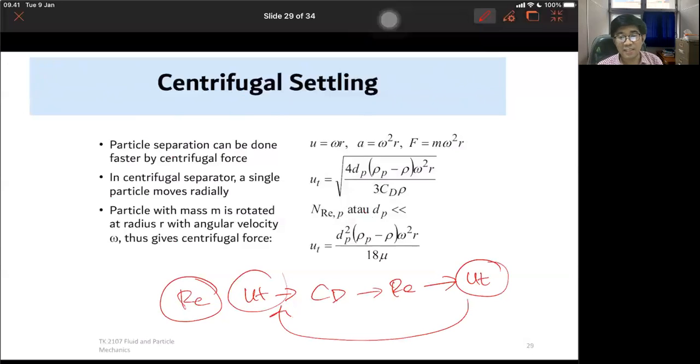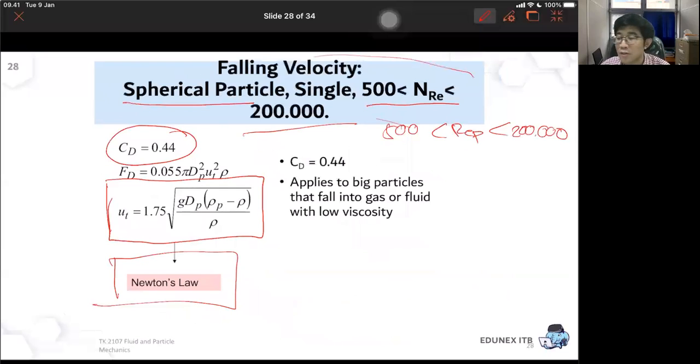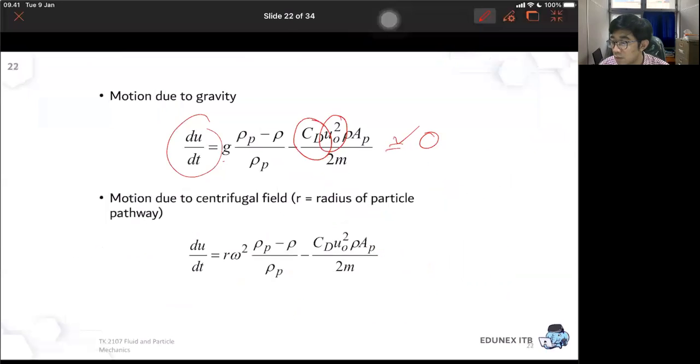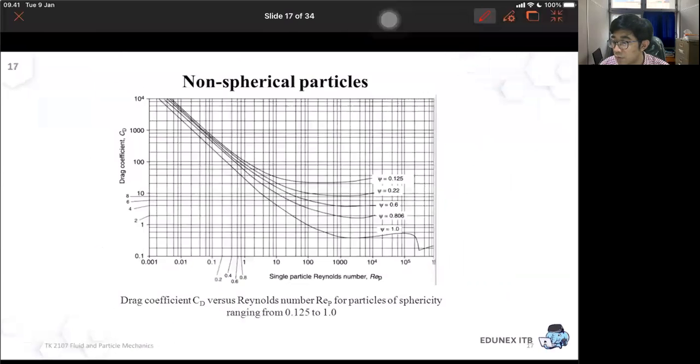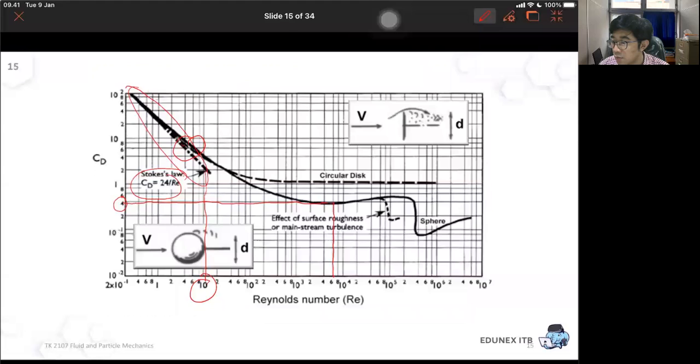You can do without iteration only when the Reynolds number is very low, or in this region, if the particle is a sphere. If the particle has a different geometry, you need to check which graph applies. For the circular disc, the region will be this one.